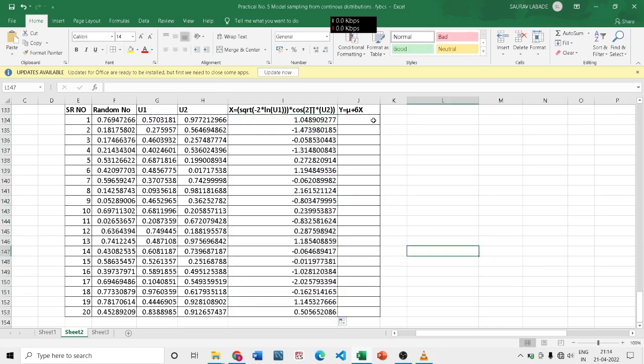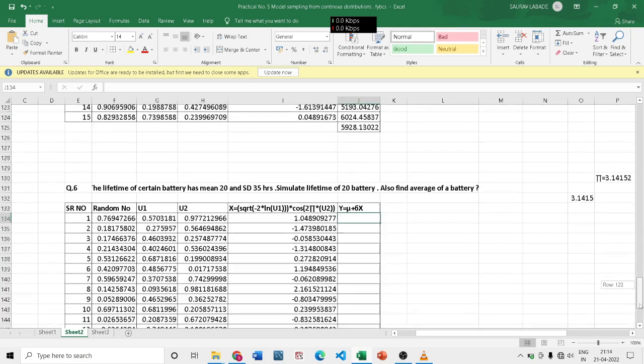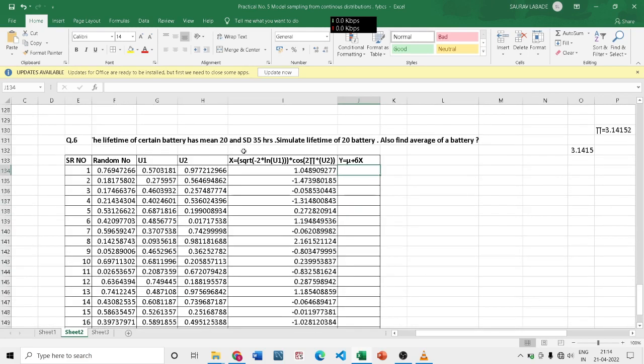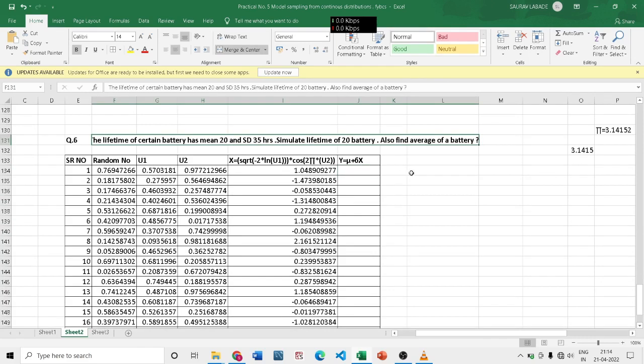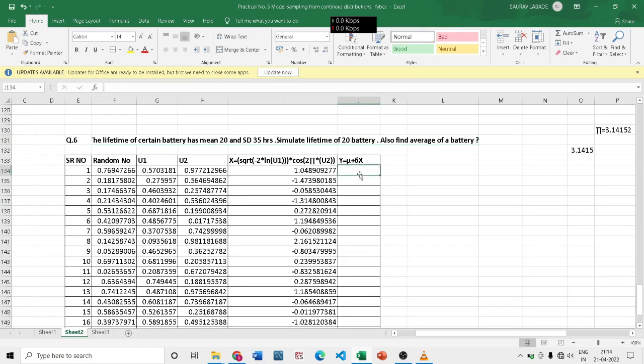Again drag these values. Find out the values of y. Now what is the mean in this case? Here mean is 20, okay, and the standard deviation is 25, right? So y is equal to what? Mean is 20 plus 25 into the x value, which is this, right?